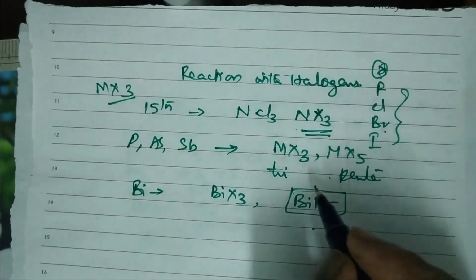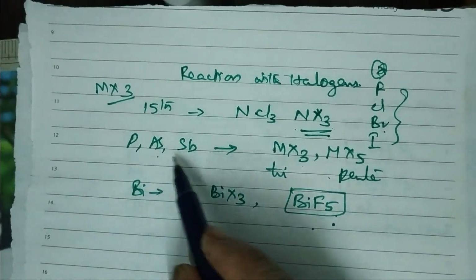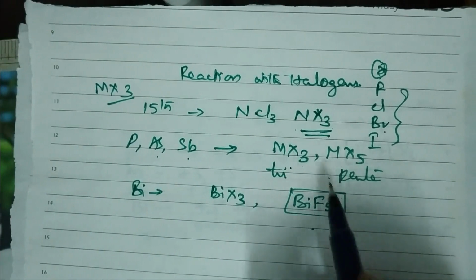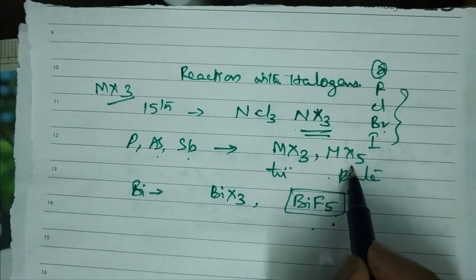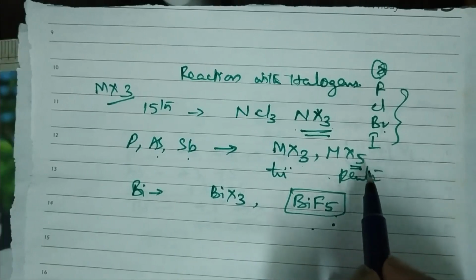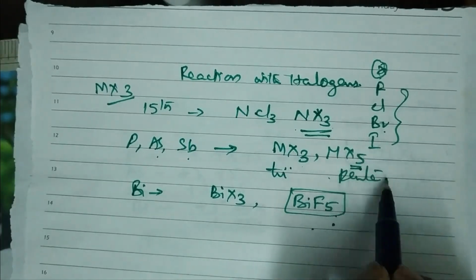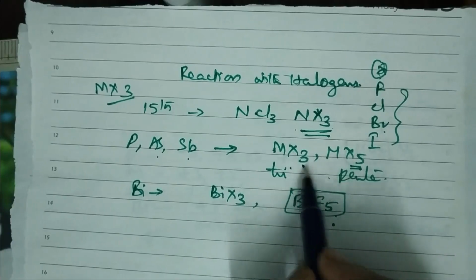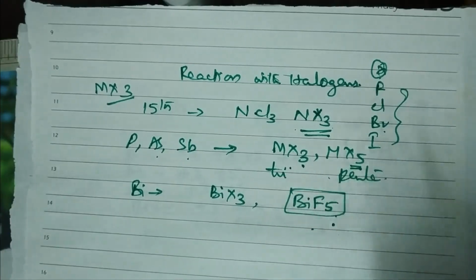Why? Because phosphorus, arsenic and antimony show both +3 and +5. In the excited state they will show the +5 oxidation state due to electron shifting from the s orbital to the d orbital. So that's why they show the MX3 and MX5 types of halides.